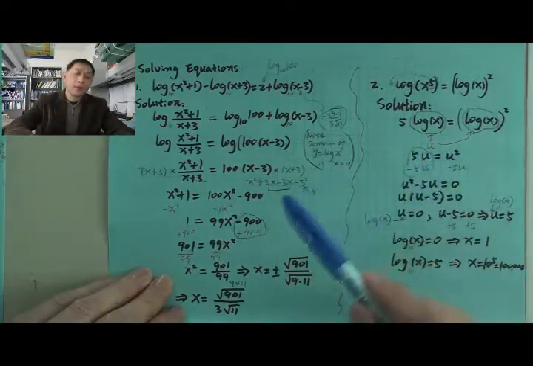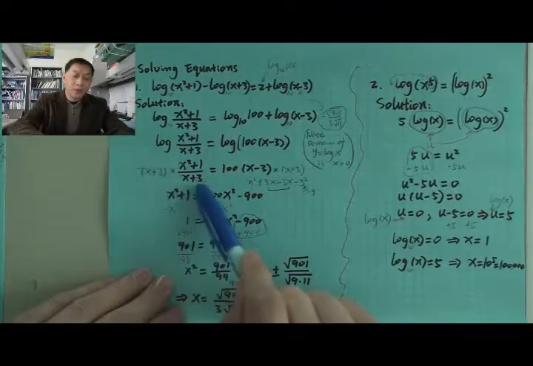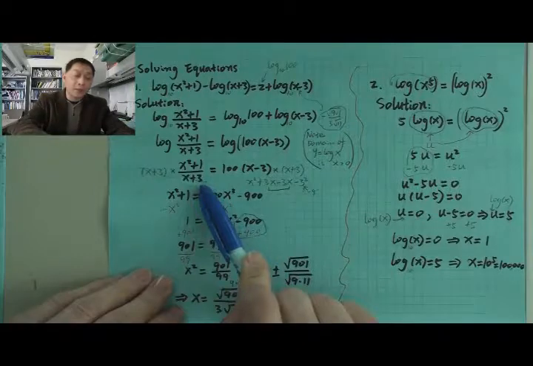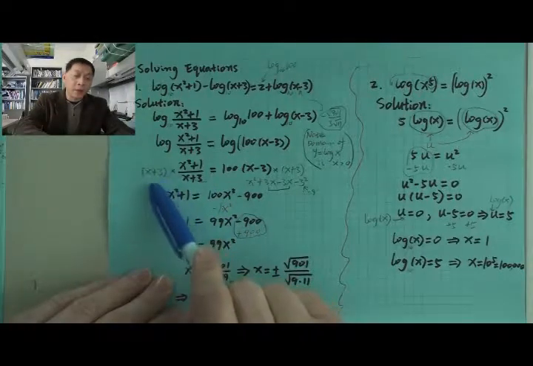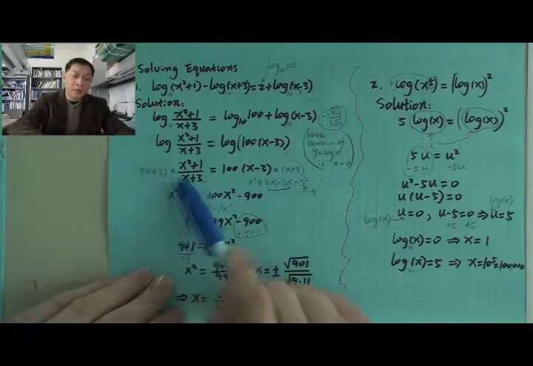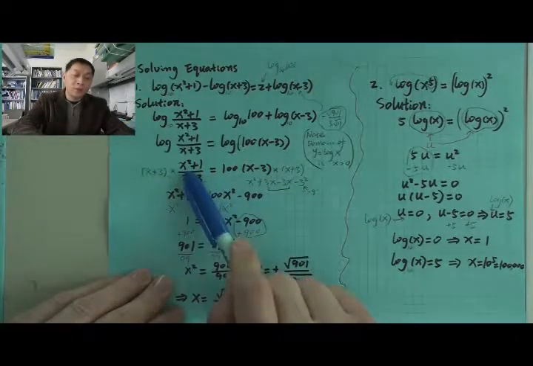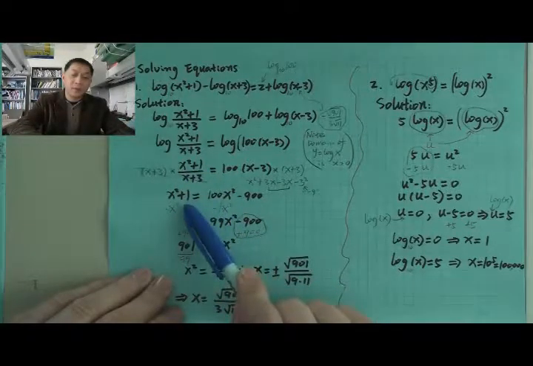Now, x plus 3 is a denominator. We don't like denominators, so multiply both sides by x plus 3. This x plus 3 cancels that x plus 3. The left-hand side has x squared plus 1 left.